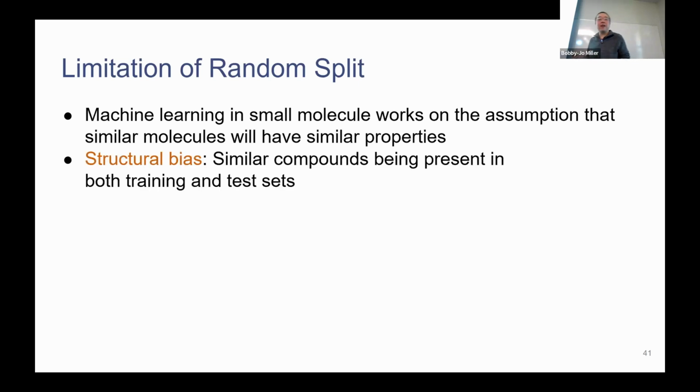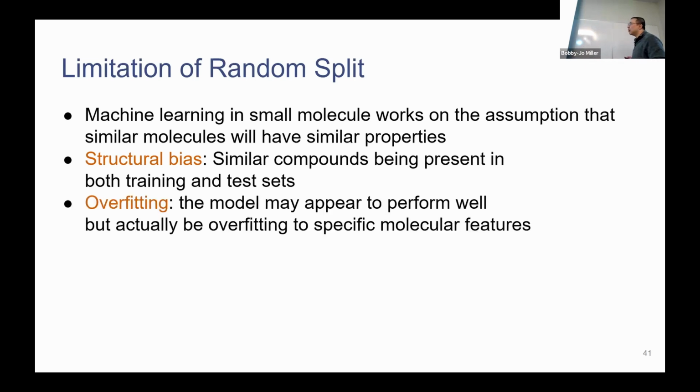And by doing random split, we actually introduce structural bias, where similar structures can end up in either the training set or the testing set. It also leads to the problem where it's very easy to overfit.